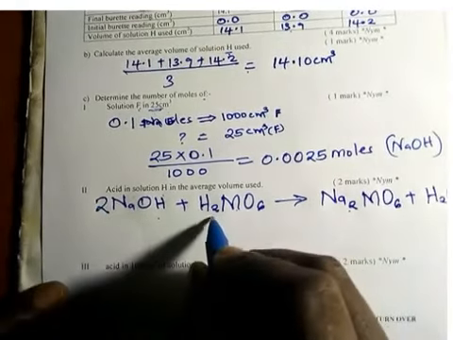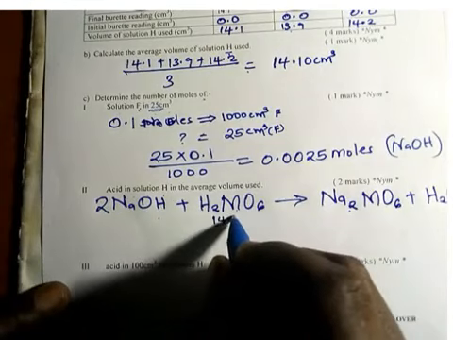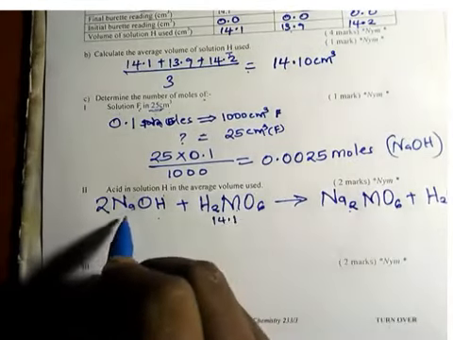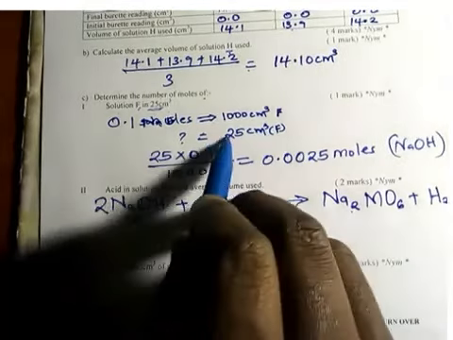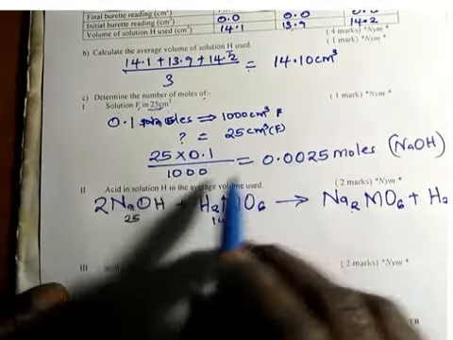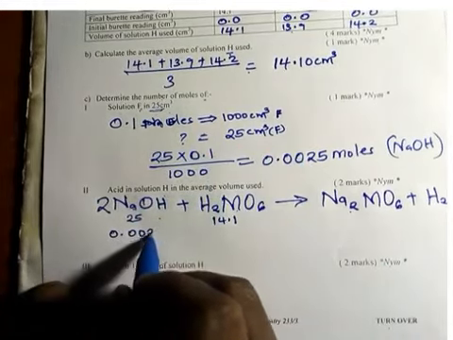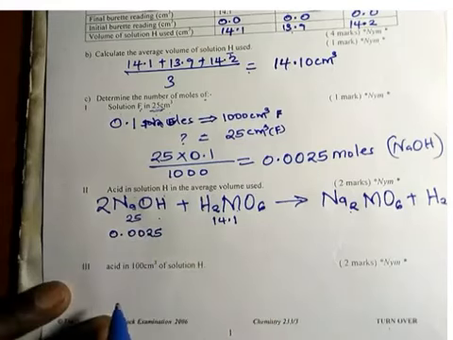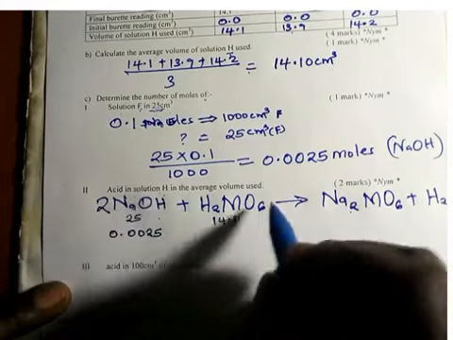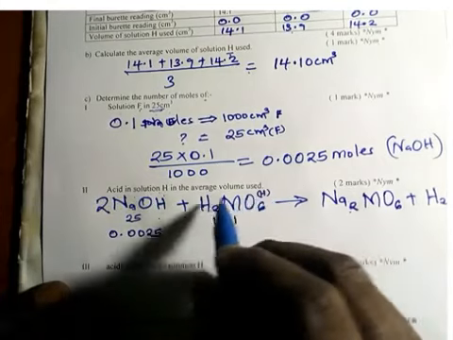The volume for this one is 14.1. The volume for this one is 25. And we have its moles, 0.0025. We are asking for the moles of H in the average.